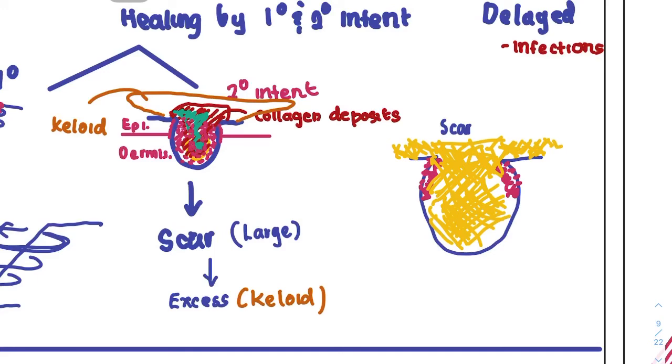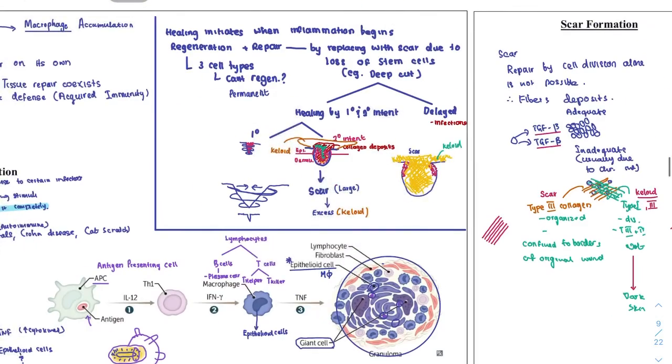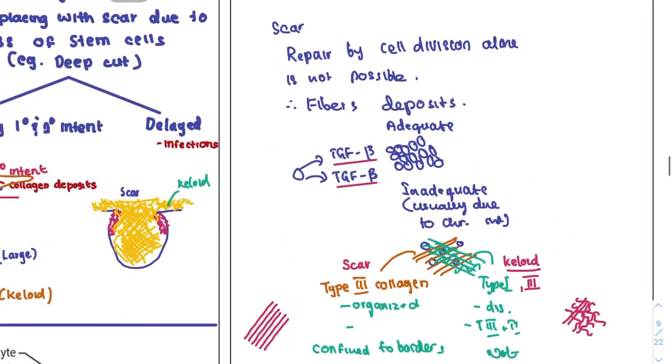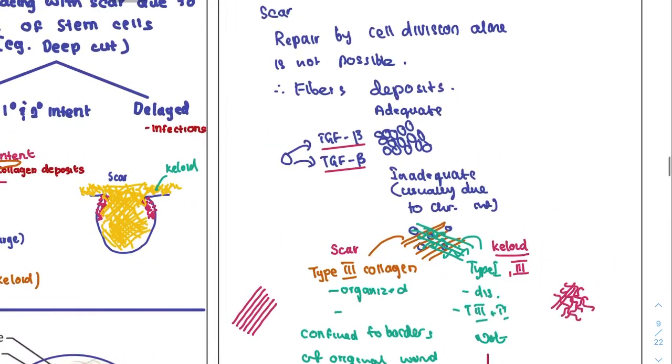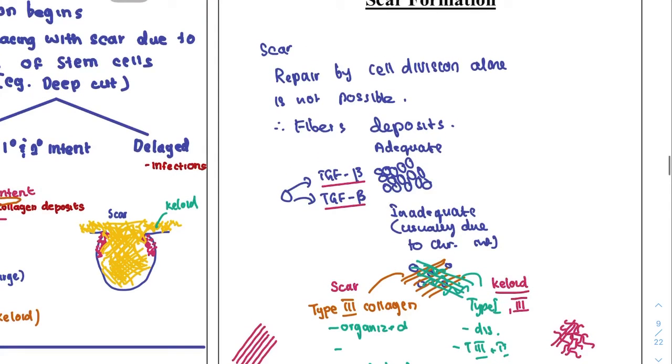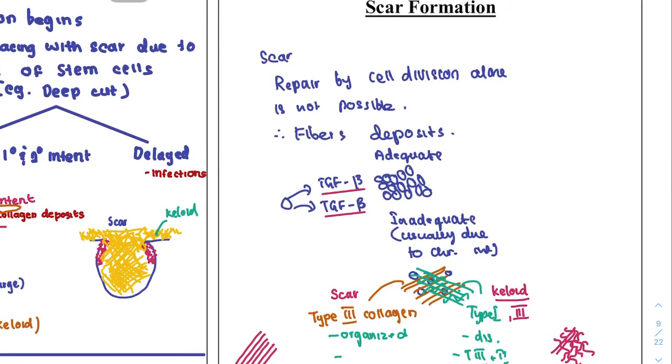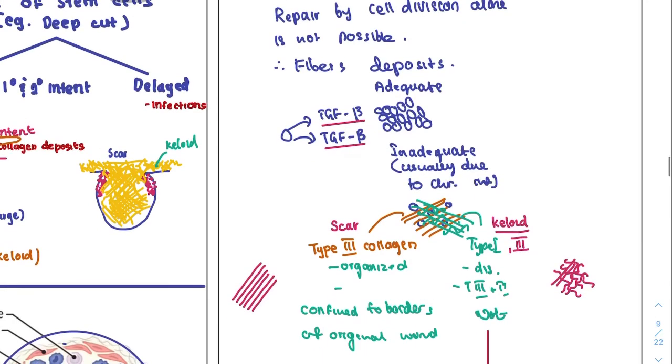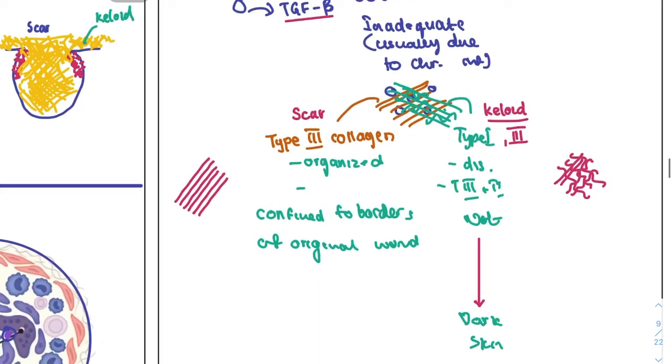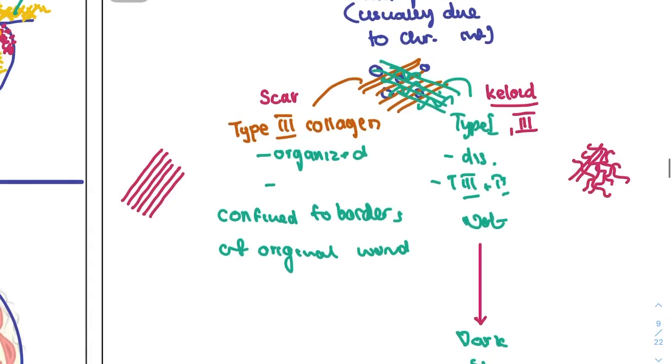And finally, this is the same thing. When repair by cell division alone is not possible, fibers deposit, and a normal scar is formed only by type 3 collagen, which is organized straight molecules and confined to the borders of the original wound.